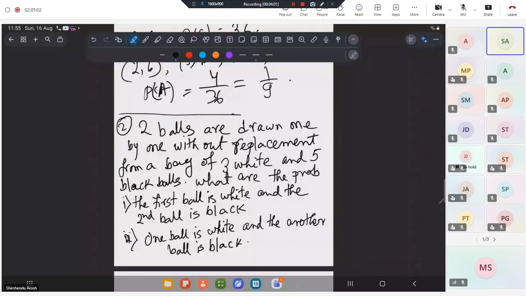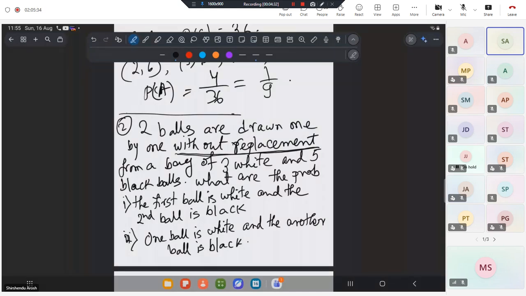First thing is that with replacement or without replacement is very important for this kind of problem. If it is with replacement, that means you are taking out at random some ball, checking the color and giving it back, then again taking it out. But if it is without replacement, the number of balls is reducing, right? So from the 3 white and 5 black balls, if you take out one ball, one ball is reducing.